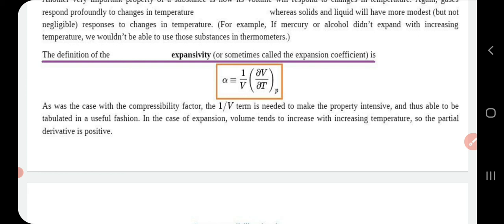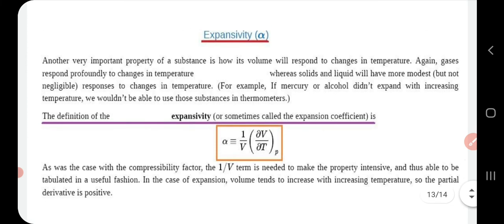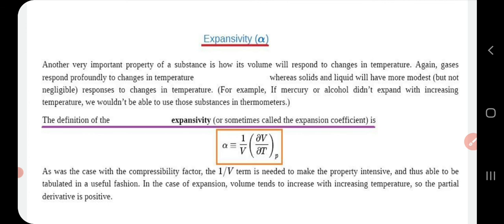The 1 by V term is needed to make the property intensive and thus able to be tabulated in a useful fashion. In expansion, volume increases with increasing temperature, so the partial derivative will always be positive. So expansivity is a factor that tells us how the volume of a substance will respond to changes in temperature. It is represented by the letter alpha, and study this expression also.